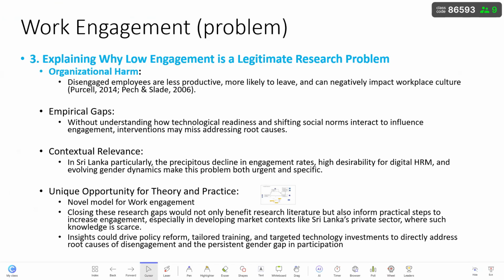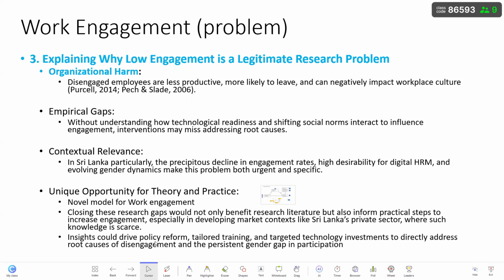So for example, a novel model. This is a novel model created, right? It contributes by taking three theories into one model. One particular theory is already developed. So that is the theoretical contribution from this research. And apart from that, you can say how the findings of this study contribute to practice, right?